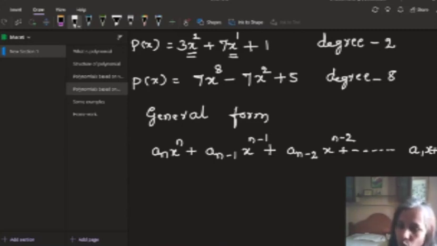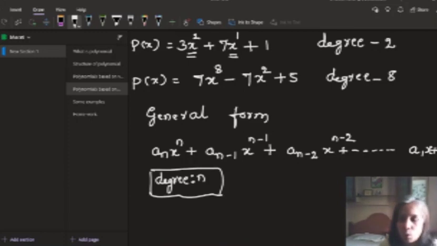Finally, we have a constant. a0 means constant, you have to remember. Okay. Now can you tell me the degree of this general form of polynomial? Absolutely, you are right. You have properly understood. The degree of this polynomial is n, because it is the highest power among all the variables. Degree of this polynomial is n. It is very important.